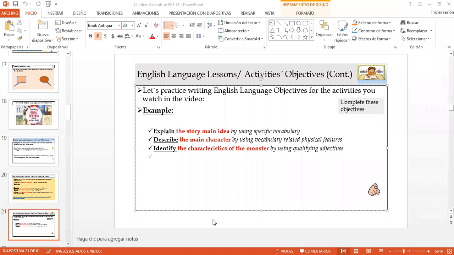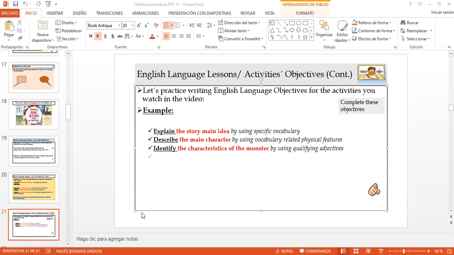Okay, so any question about the objectives? Not now. No, they are part of your task. Remember, they are part of your task. So if you think you might need them.